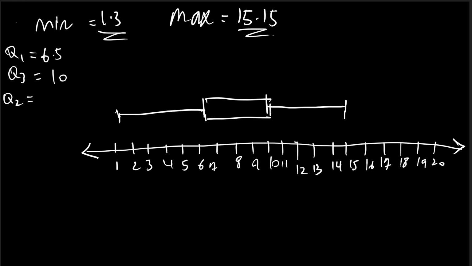Why is my pen not working? Median value is going to be at 8. So this is Q2, Q1, Q3, the maximum, the minimum.